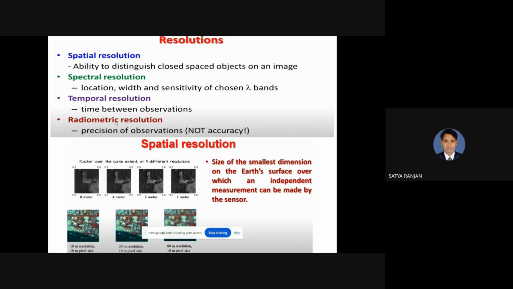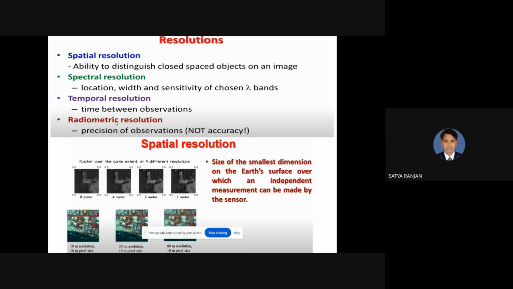Suppose the dimension of the pixel is 5 meter by 5 meter, then the spatial resolution of this satellite is 5 meter. For the LISS-4 satellite image, it is 5.8 meter resolution. For the LISS-3 image, it is 23.5 meter. And likewise, for Sentinel-2 data, the spatial resolution is 10 meter.